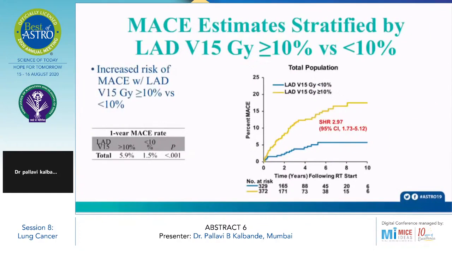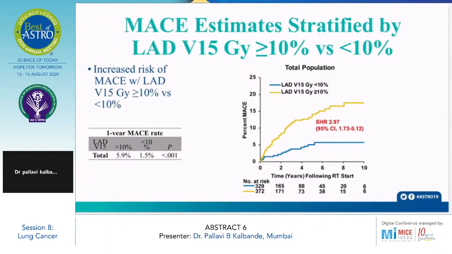Then they estimated MACE stratified by LAD V15 gray more than 10% versus less than 10% in the total population, and saw an increased risk of MACE associated with LAD V15 gray more than 10% as compared to less than 10%. As you can see, both the curves were widely separated with a significant p-value.